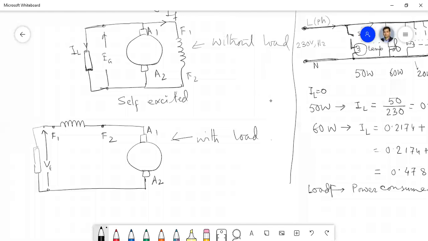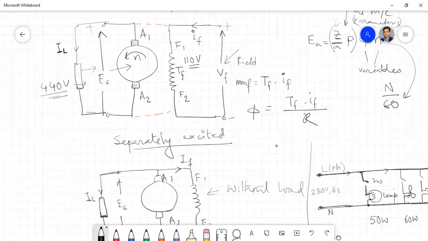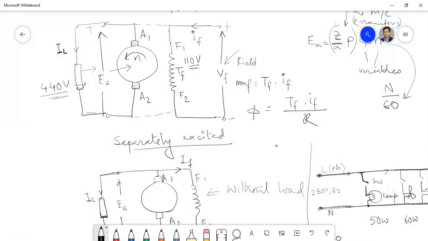So when we connect the load in case of separately excited machines, the field current will not be affected by the load, because the field circuit and armature circuit are completely different.